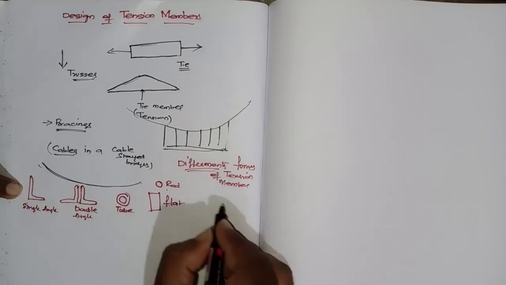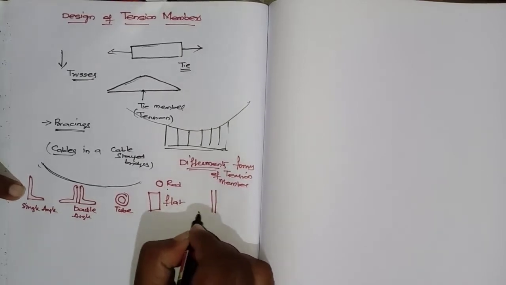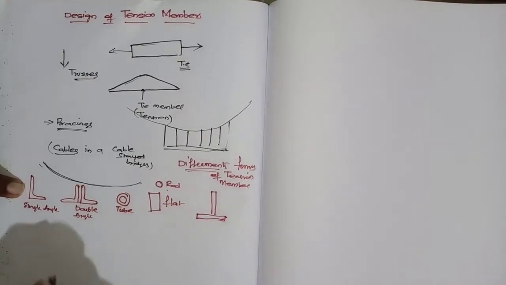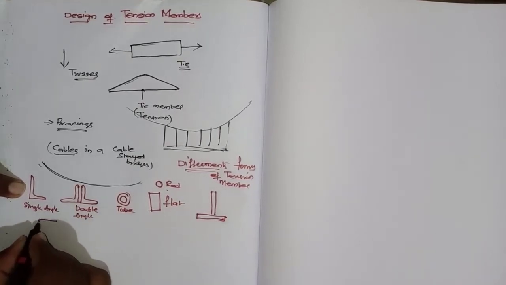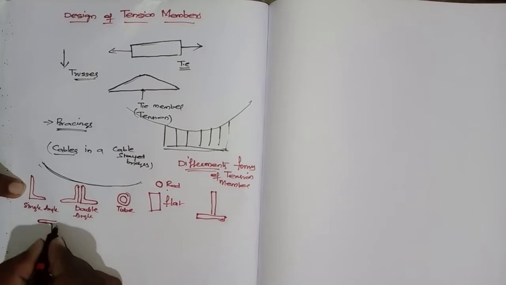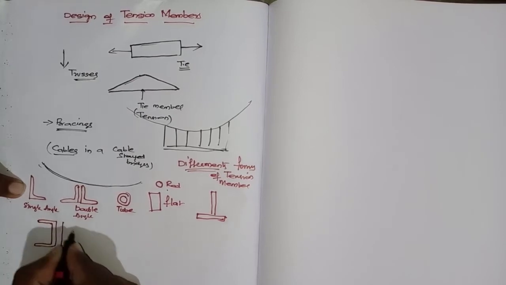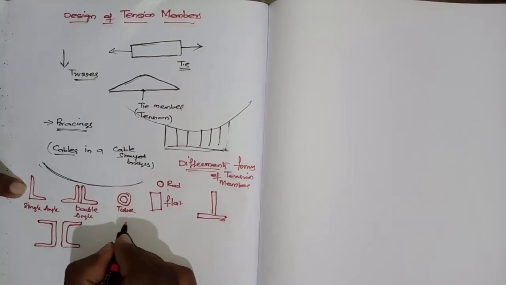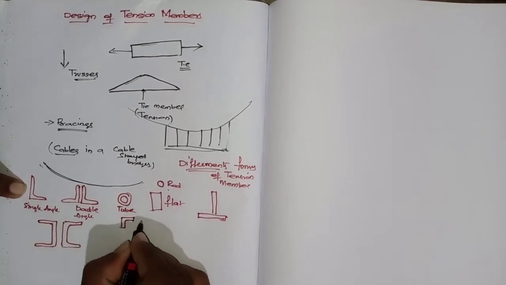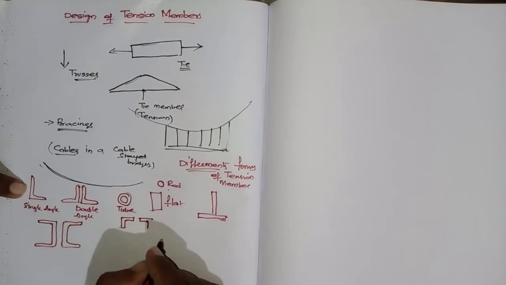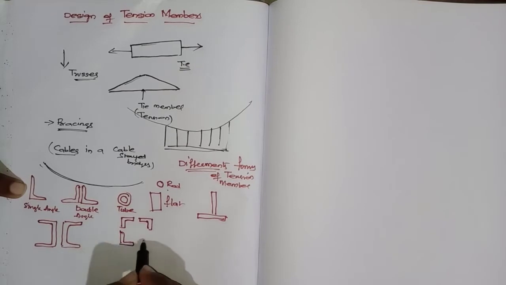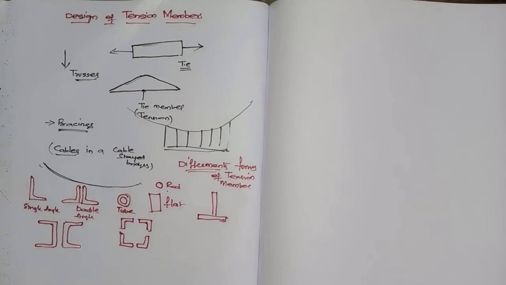Next, a T section. Next, channel sections placed back to back or toe to toe, depending upon the condition. Next, multiple angle sections can be used as tension members.